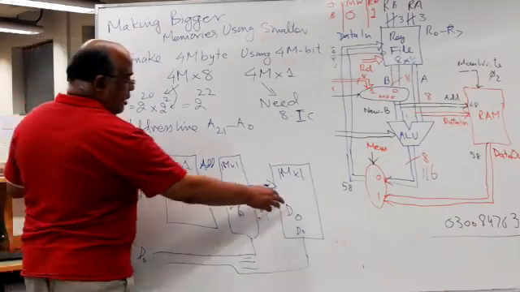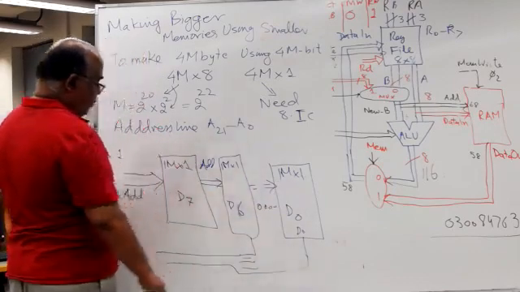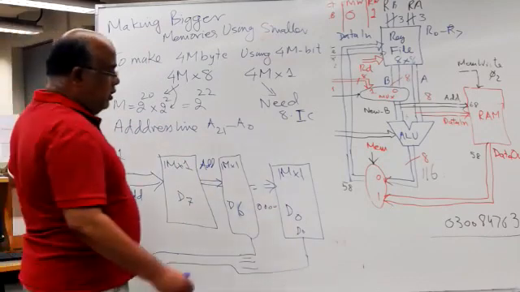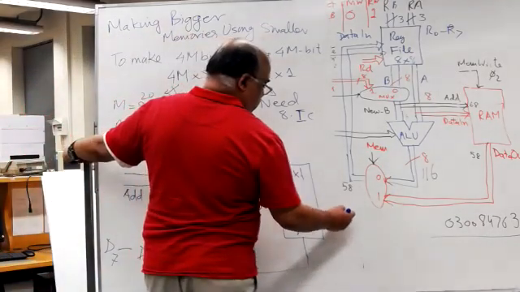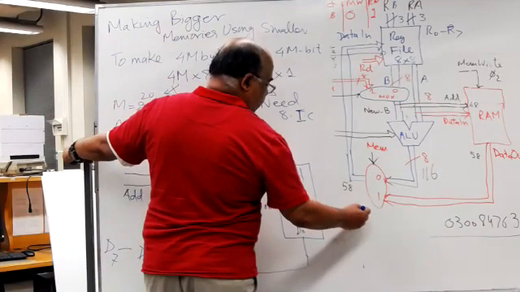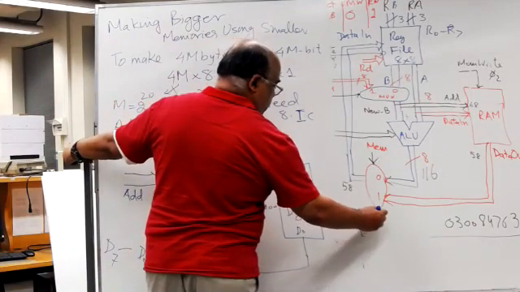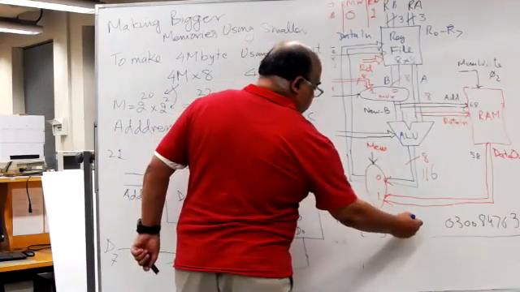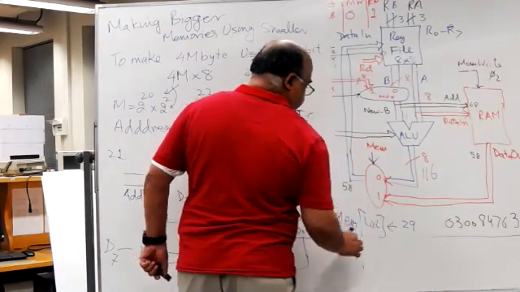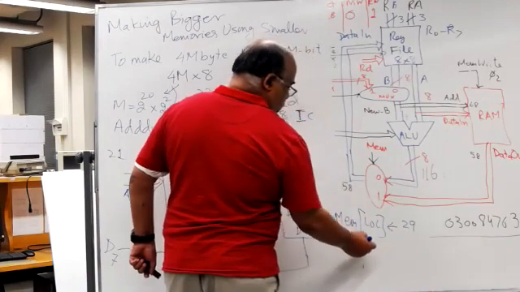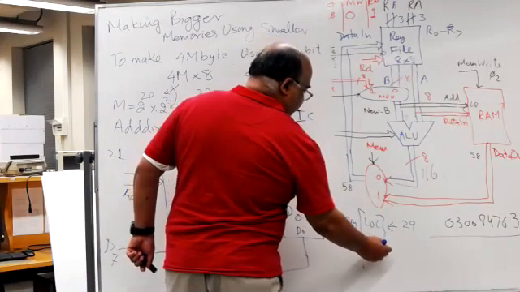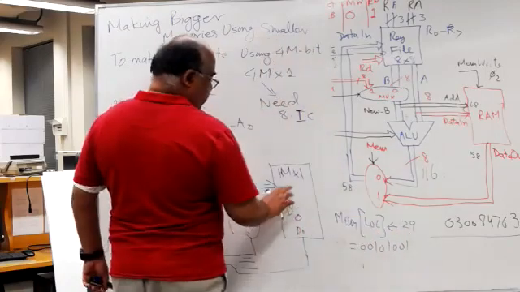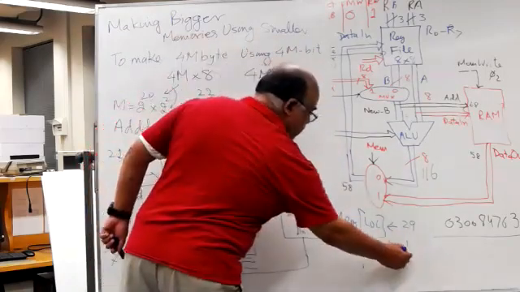So each IC is responsible to store just 1 bit. So if I store, for example, in any location some data, say 29 hex, which is equal to 00101001, then you can see D0, this memory will store this one.